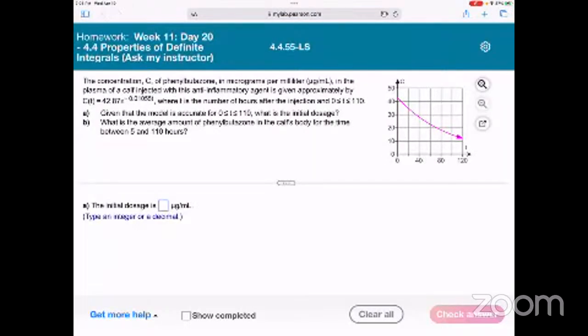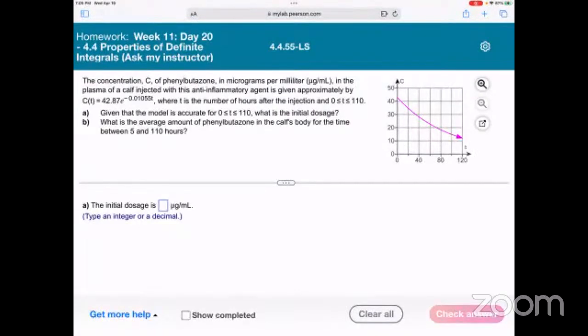Okay, it says the concentration of phenylbutazone in micrograms per milliliter in the plasma of a calf injected with this anti-inflammatory agent is given approximately by this function, where T is the number of hours after the injection, and T ranges from 0 to 110 hours.